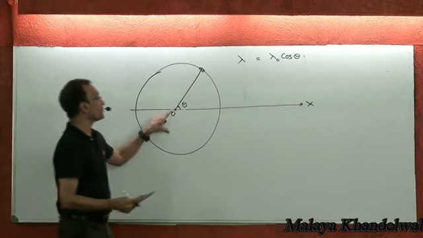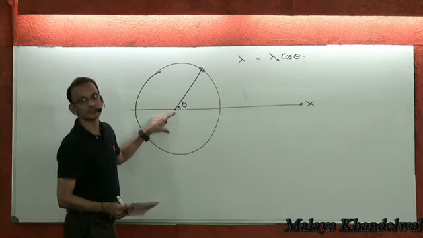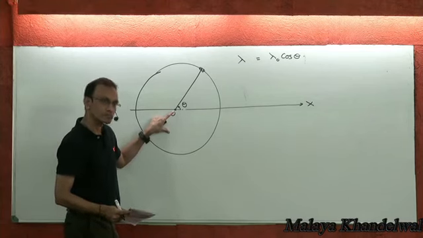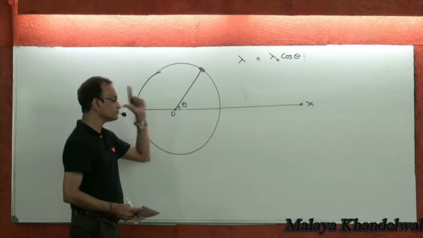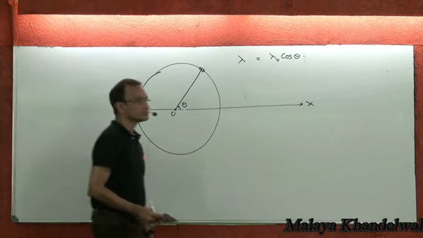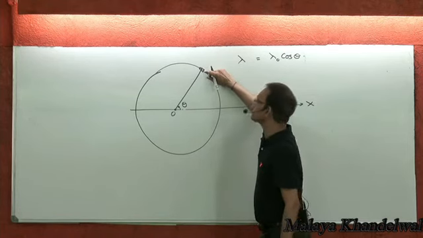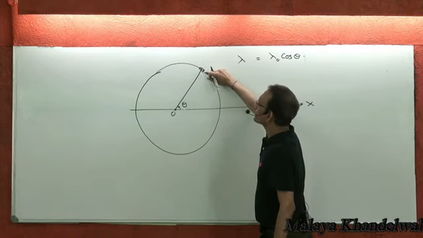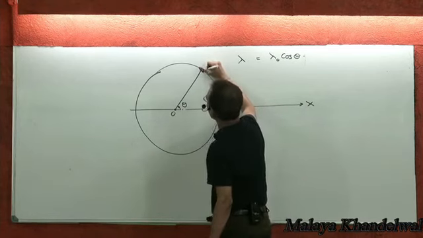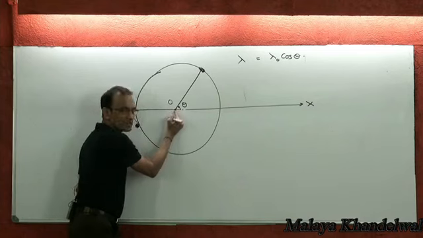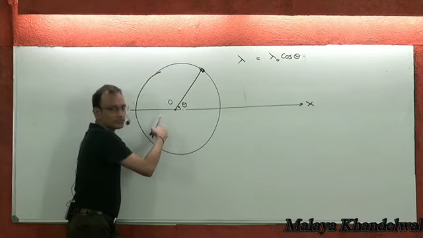We want to be able to find the electric field at the center of this ring. Clear? Now, because of this charge, what would be the electric field at O? If you place a unit positive charge, it will experience repulsion from this.